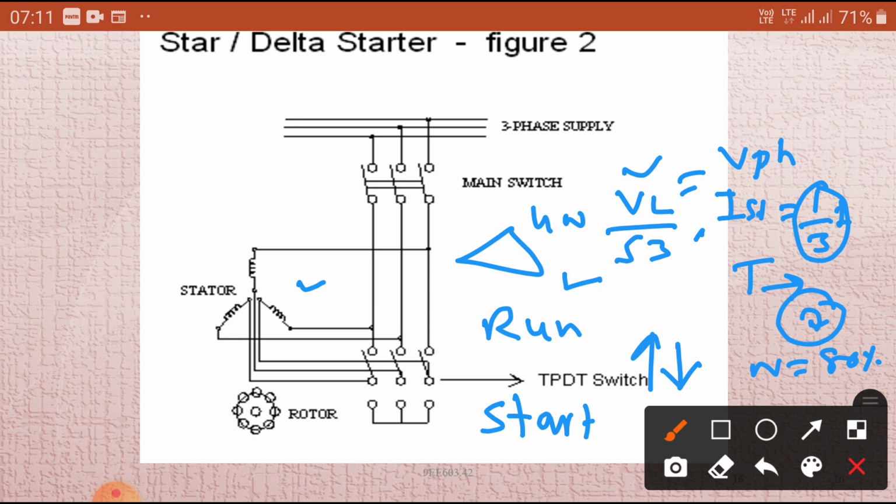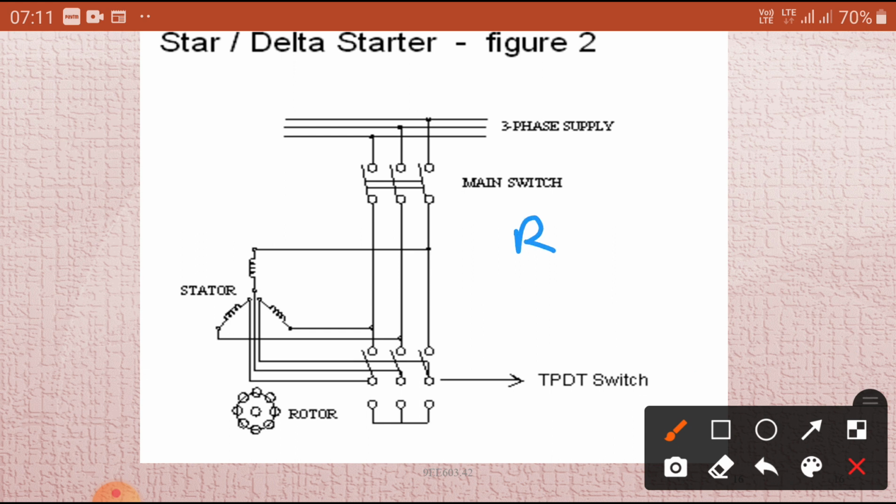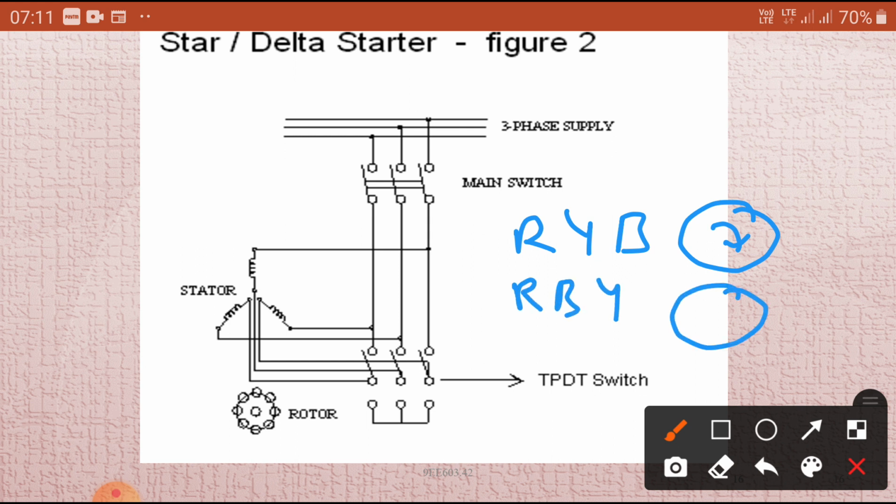Suppose you connected R, Y, B and the motor is running in this direction. If you connect R, B, Y, the motor will run in the opposite direction. So, you have to take care of the phase sequence of motor terminals while moving from star to delta.